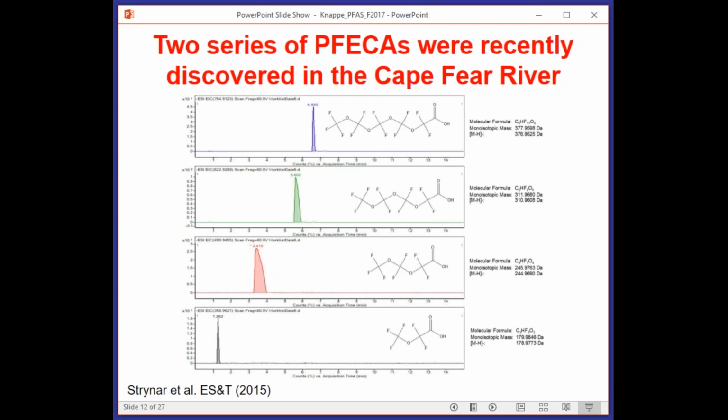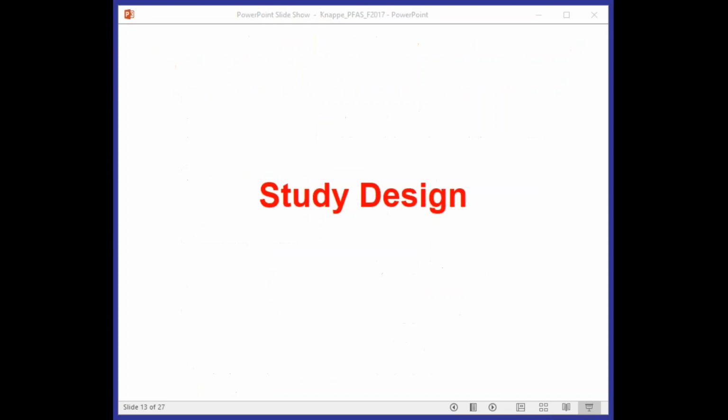But the structures of these chemicals were puzzled out through high-resolution mass spectrometry. And next slide. So I'm going to talk about a case study here for the Cape Fear River Basin of North Carolina. Next.